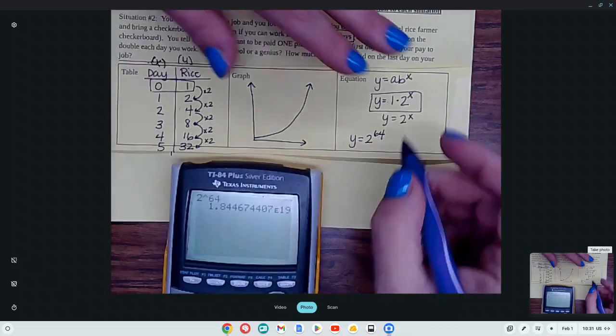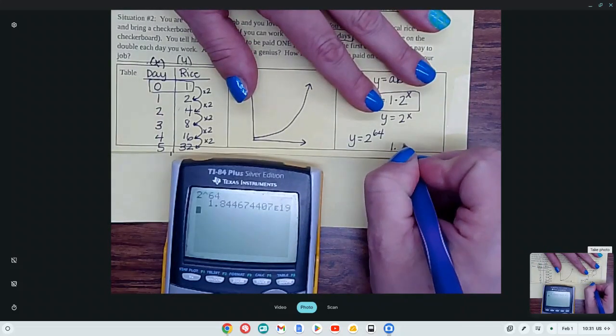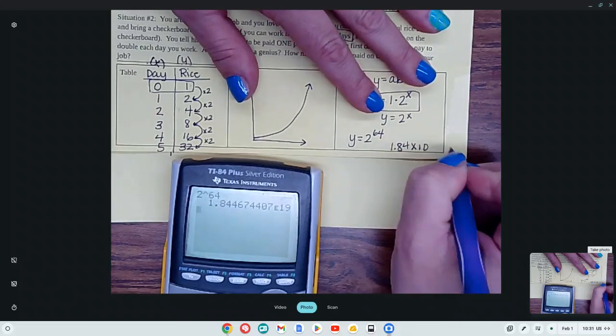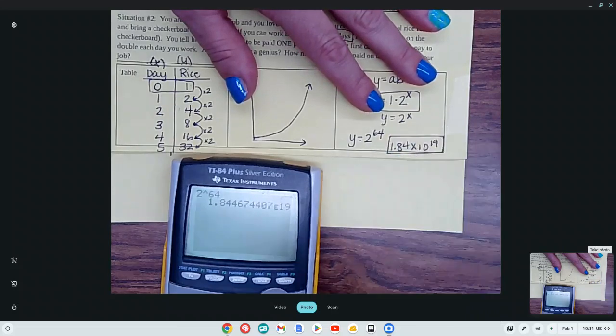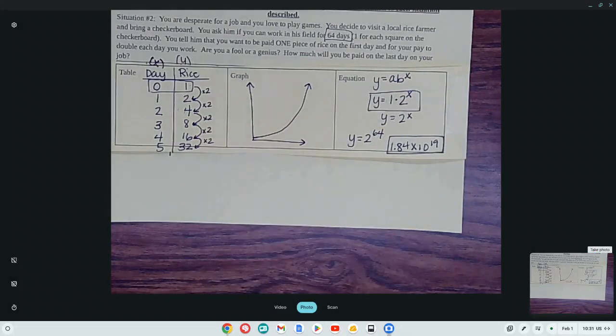So that's pretty big. Okay, so then this says 1.84 times 10 to the 19th. That's a pretty big number. Okay, so he's going to have a lot of grains of rice by the time he's done. All right, so I mean, if each piece of rice equates to, I mean, even a penny, that's a good amount of money.